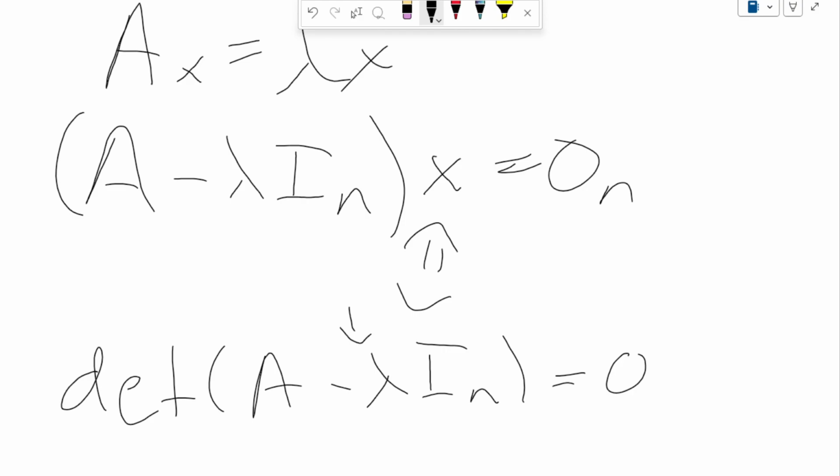And as we mentioned earlier, the determinant gives you a polynomial. So this determinant here is going to be a polynomial in one variable, and that variable is going to be lambda. Now you can also show, using the determinant, this is actually going to be a degree n polynomial.